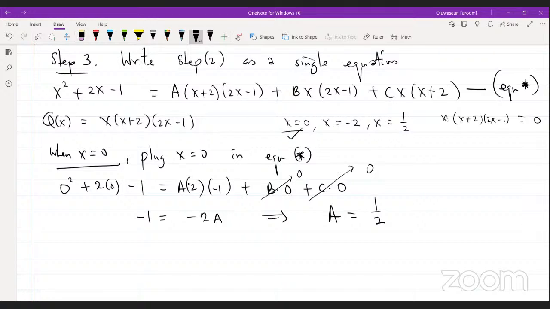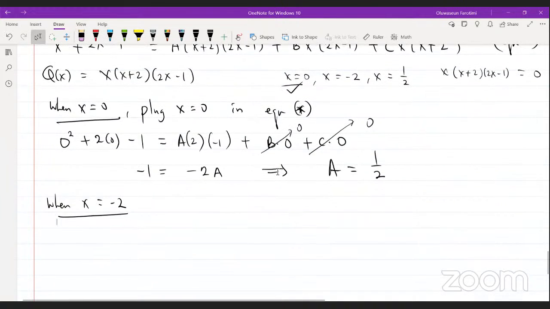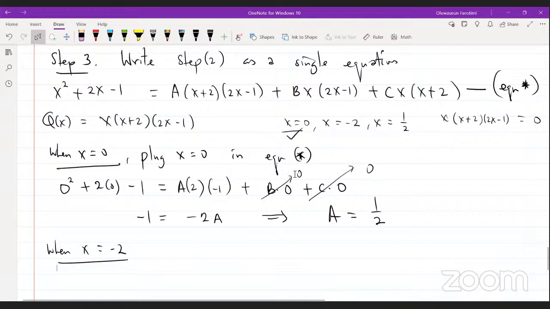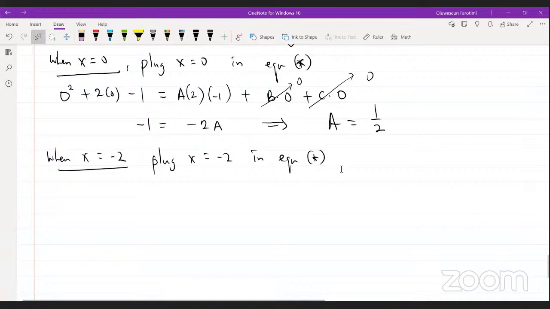What about when X is -2? You do the same thing, guys. You plug X equals -2 into equation star. If you plug this guy in equation star, the left-hand side becomes 4 minus 4 minus 1.